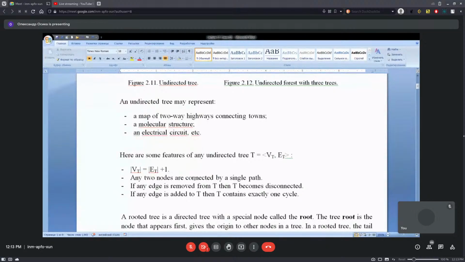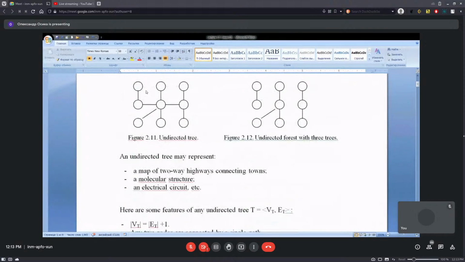Any two nodes are connected by a single path. You take this vertex and this, and there is a single path connecting them. This and this, a single path.